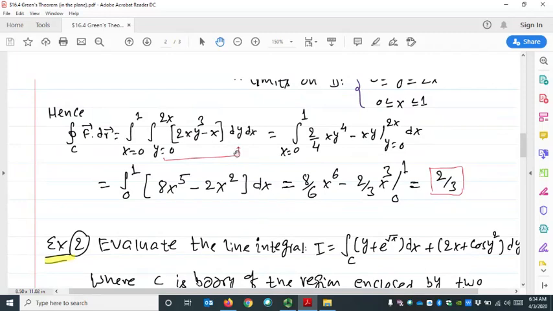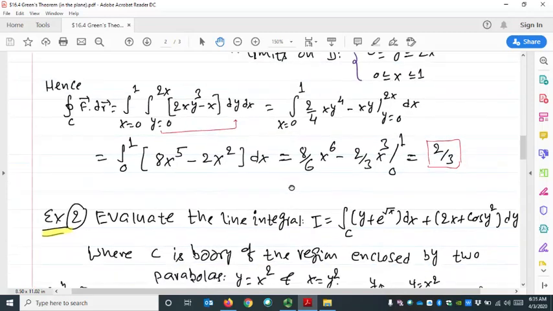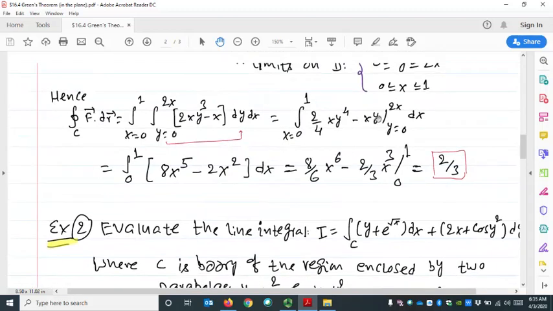Integrate first with respect to y, so x is constant. Write down the x integral as it is. Then with respect to y, this becomes 2x y to the power 4 over 4 minus x times y, and put y limit, y equals 0 to 2x, times dx. Now put y equals upper limit minus y equals lower limit.